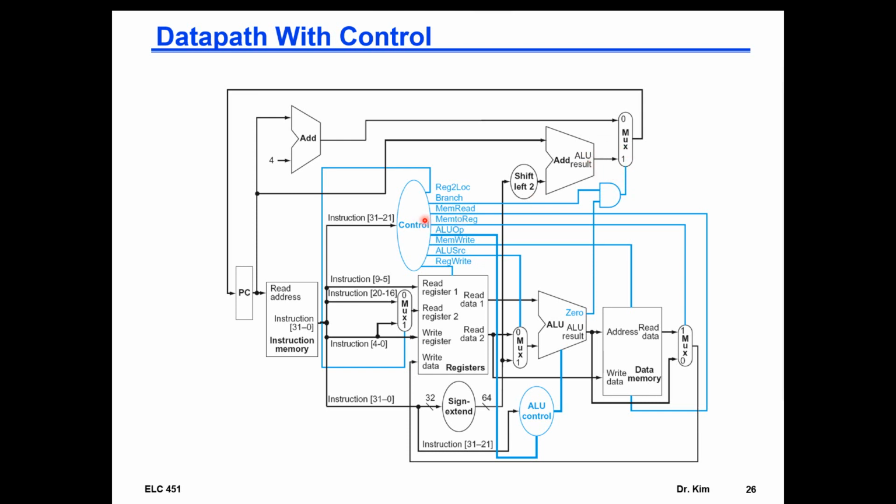We have all the control signals, the memory read signal, the memory write. This is a data steering, which says, do we take into the second input of the ALU the second register, or do we take the immediate field?